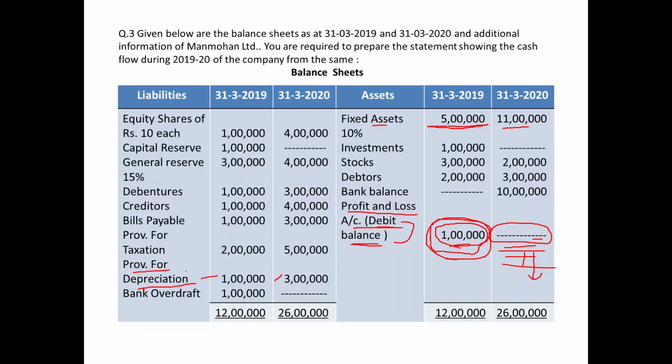One, as has been given over here, provision for depreciation. Second, depreciation fund system. Or third, accumulated depreciation system. All the 3 give the same meaning, same interpretation. So company follows the depreciation fund system.